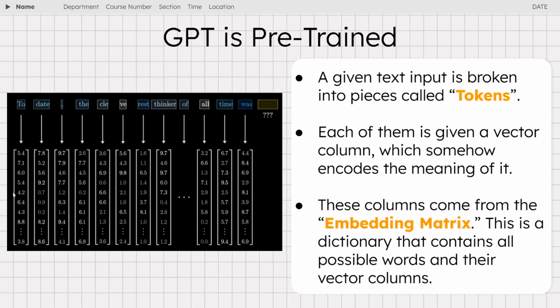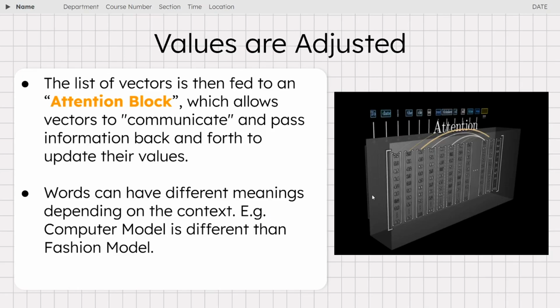Afterwards, all of these columns are passed through an operator called an attention block. These attention blocks allow the vectors to communicate with each other and pass information back and forth. And this will update the values depending on the information shared. The reason we do this is because words can have different meanings depending on the context.